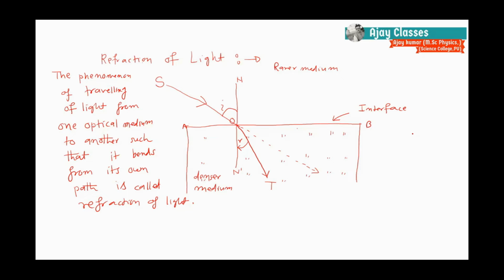Here S to O is the incident ray, I is the angle of incidence, O to T is the refracted ray, R is the angle of refraction, and N N dash is called the normal at point O. So these are some terms utilized in the concept of refraction.